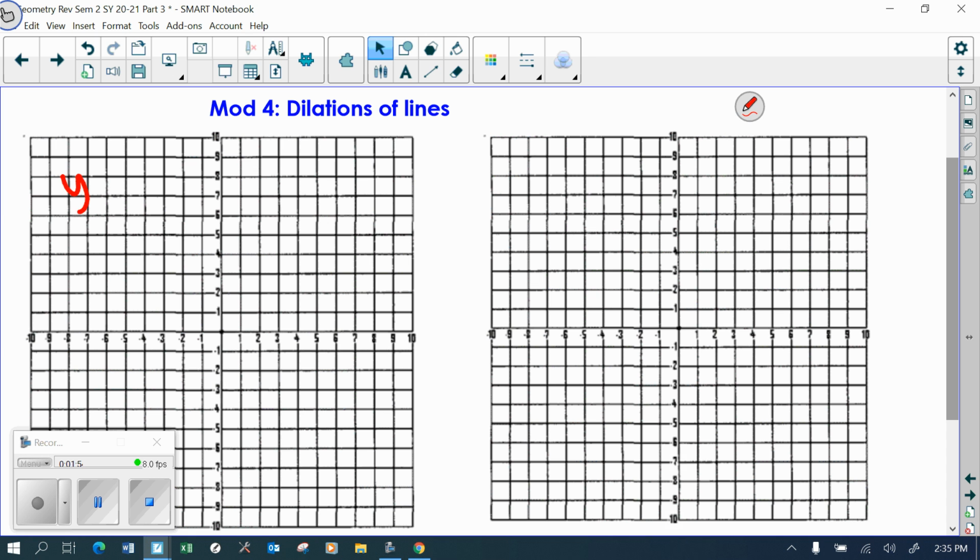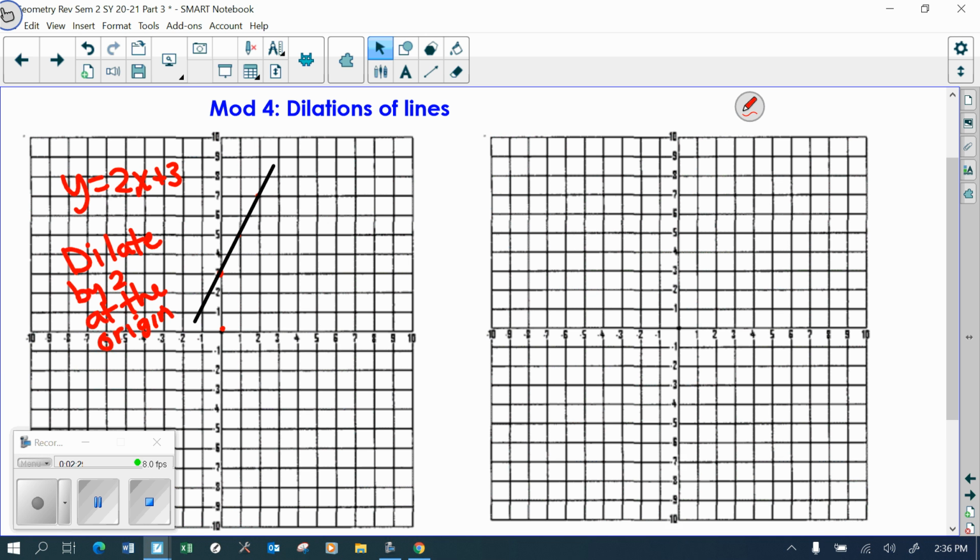So again, if I have y equals 2x plus 3, that line right there, and I want to dilate it by 2 at the origin. I didn't mess up on this one, it was the other one. I'm just doing a similar one again.